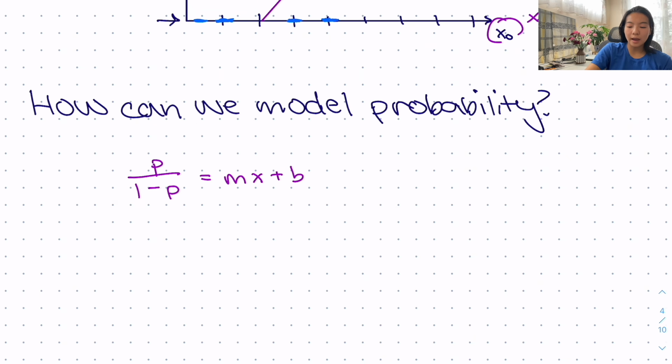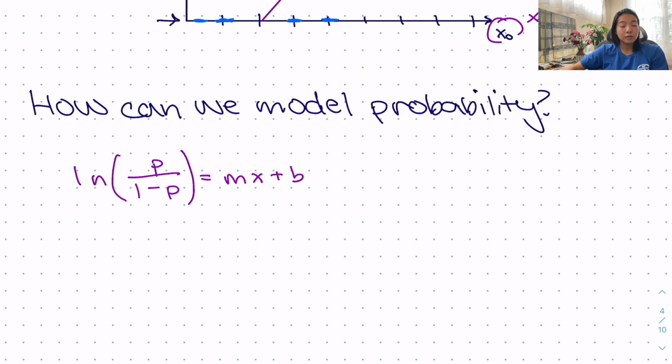We do that by taking the log of the odds. So now I have the log of the probability divided by 1 minus the probability, and that is on a range of negative infinity to infinity, which is good because the range of log should be negative infinity to infinity.